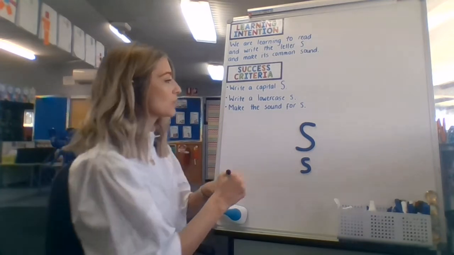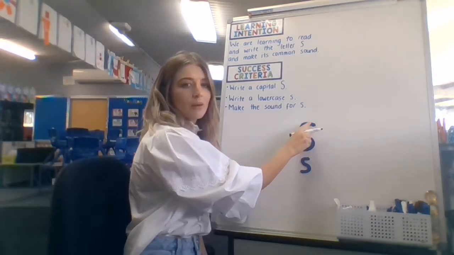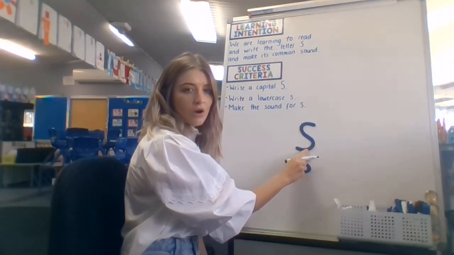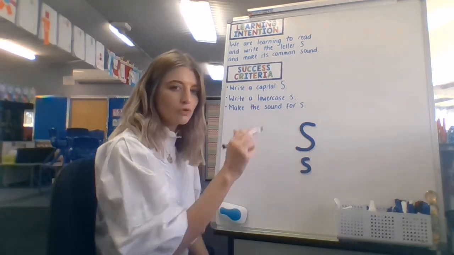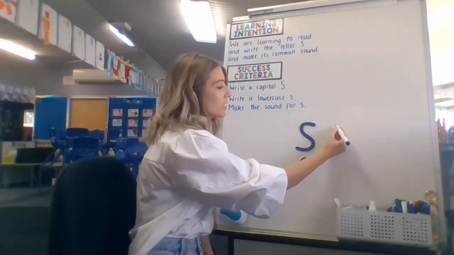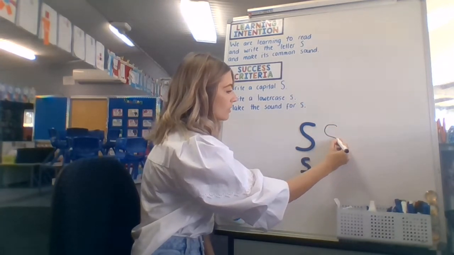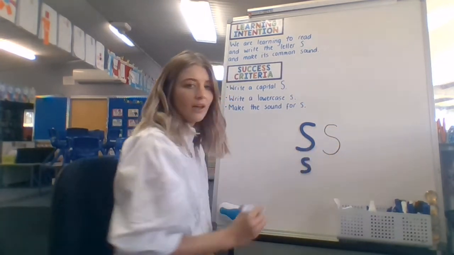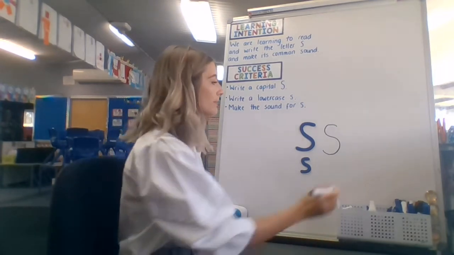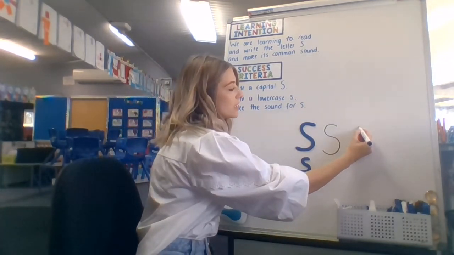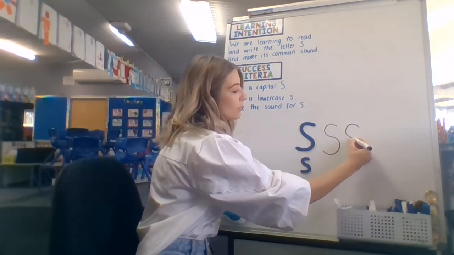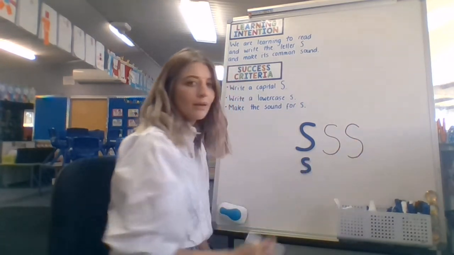So capital S. I start at the top, and I'm going to snake around. So just like we're drawing a snake. So watch mine first. Starting at the top, I snake around, curve back down, and I have a capital S. Let's do one more. Watching me, starting at the top, snake around, curve to the bottom, and I have a capital S.